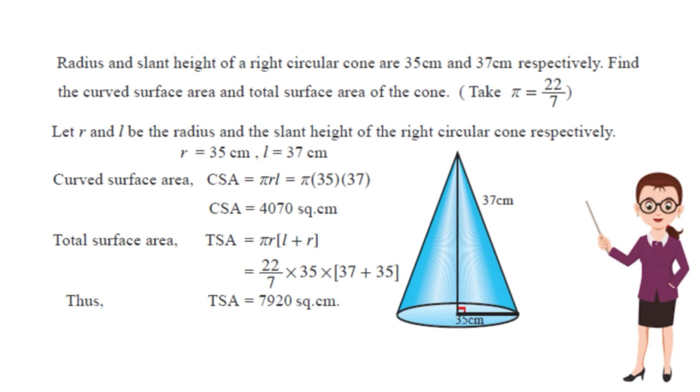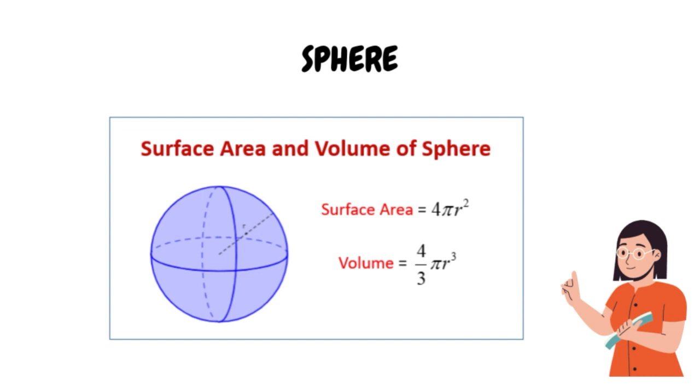Now the total surface area, we know that it is pi r l plus pi r square, that is pi r bracket l plus r. So putting the value of r and l and pi, we can get the total surface area as 7920 square centimeter. Now moving on to the next figure.